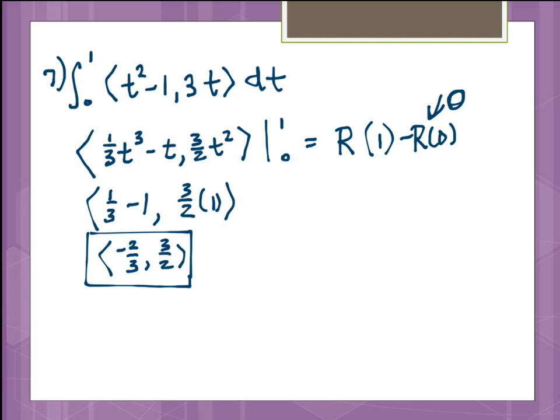Now if you weren't dealing with 0 to 1, we would have to find the 0 component as well, and then subtract that component-wise from the one that we just got. Any questions on that one? Same thing. You're just going to do it in 3 components. There's not any difference. That's okay. Any other questions?